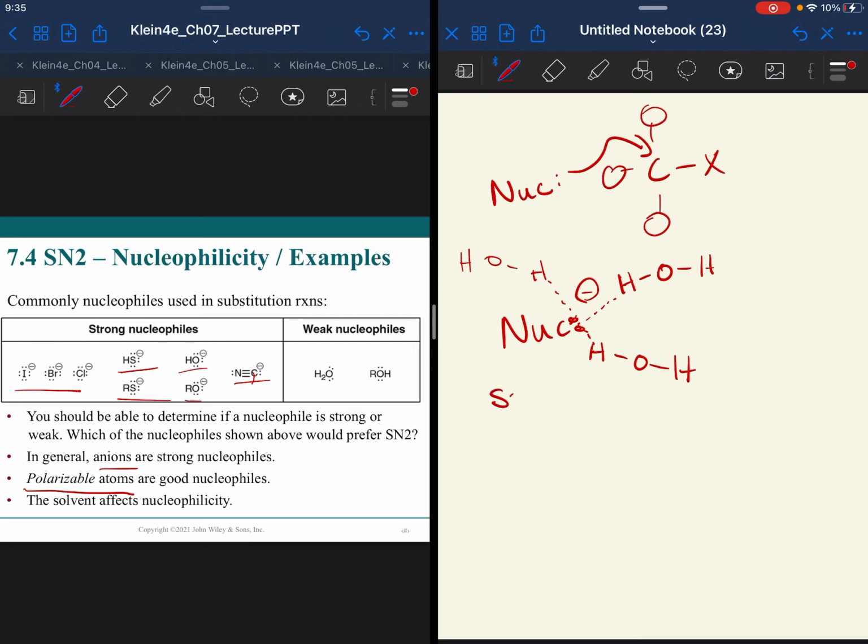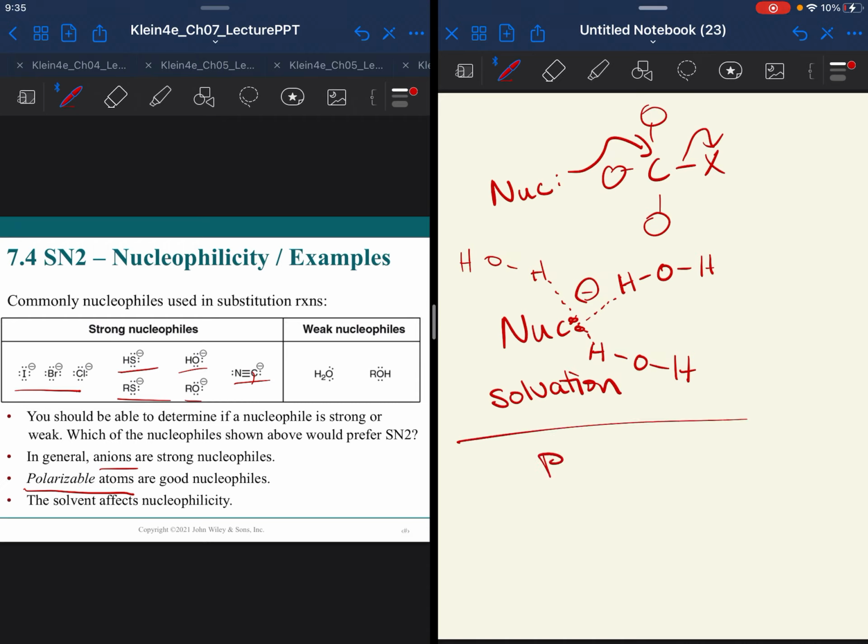And this is going to be a steric issue with the solvation, right? It's going to really solvate it. It is going to stabilize that nucleophile. It won't be as reactive, and it'll block the SN2 reaction from occurring, or it'll slow it down at the very least.